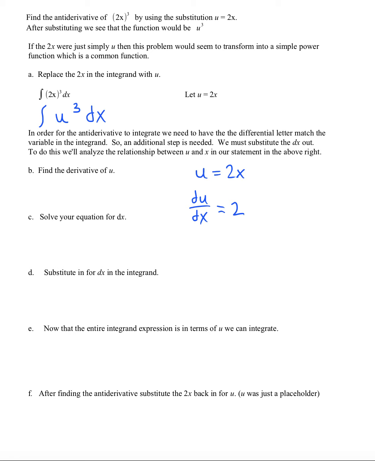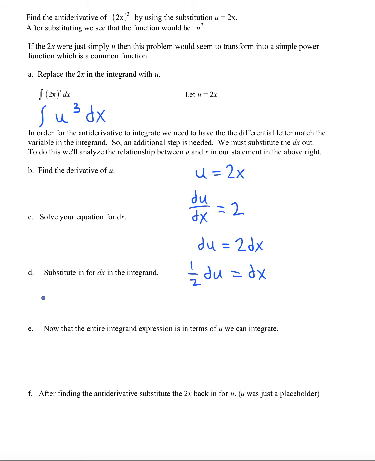But now we want to separate the differentials, and we want to solve our equation for dx. So we'll get du equals 2dx, and then finally, 1/2 du equals dx.